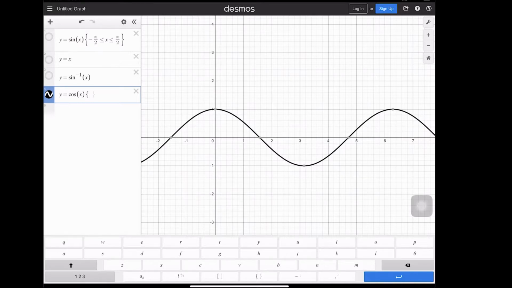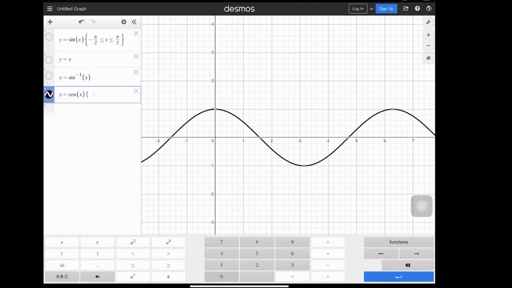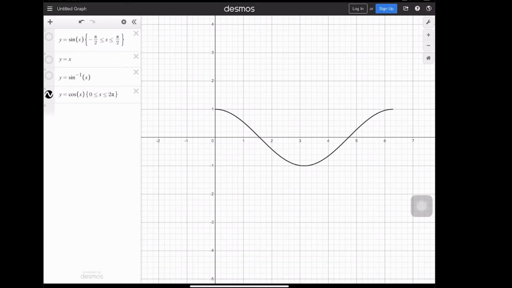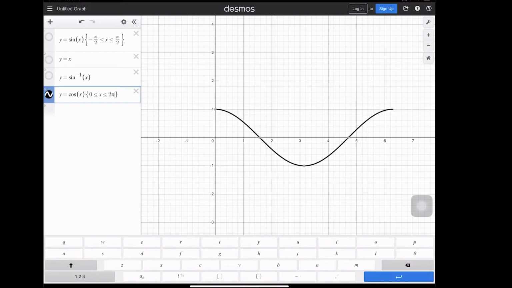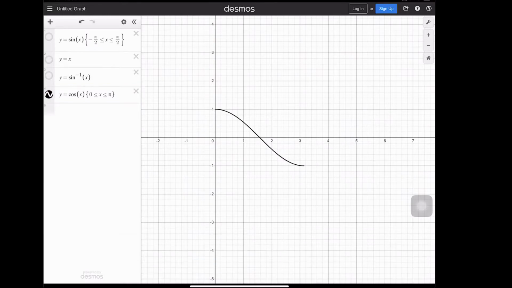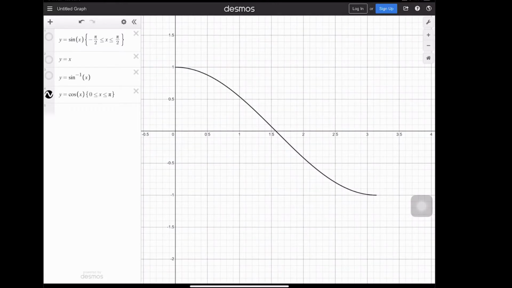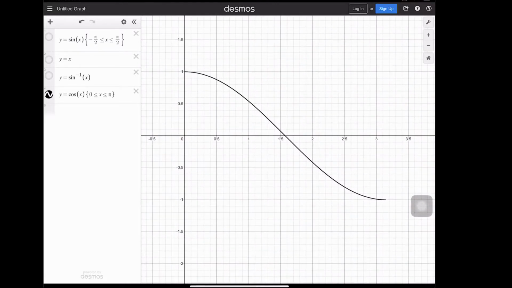That's formally how we restrict it. 0 less than or equal to x, less than or equal to 2 what? Pi. And actually, it's pi. Okay. There we go. So what do you guys think now? Is that a nice one-to-one function now?